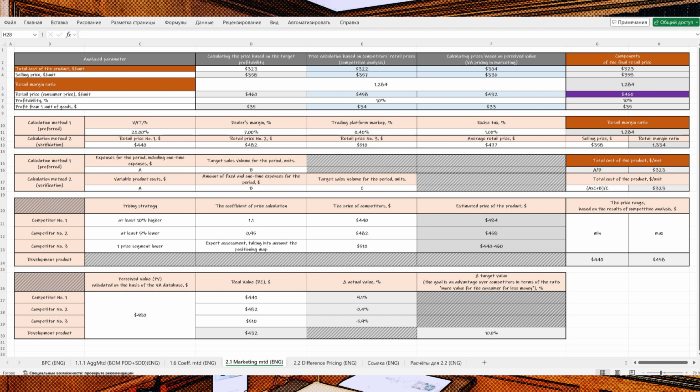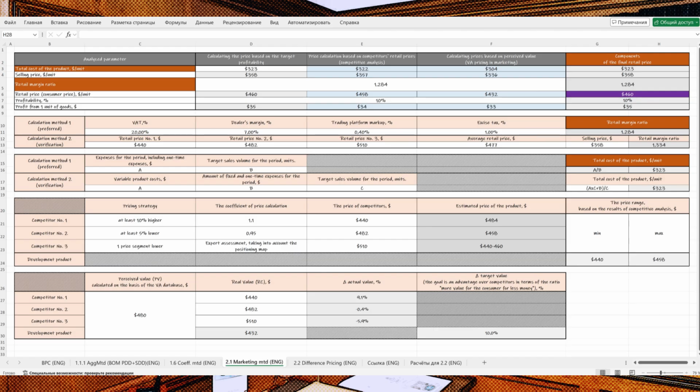$460, everything below the table is the auxiliary blocks necessary to fill out the summary table based on calculation, as well as marketing and economics inputs that we have already listed above.